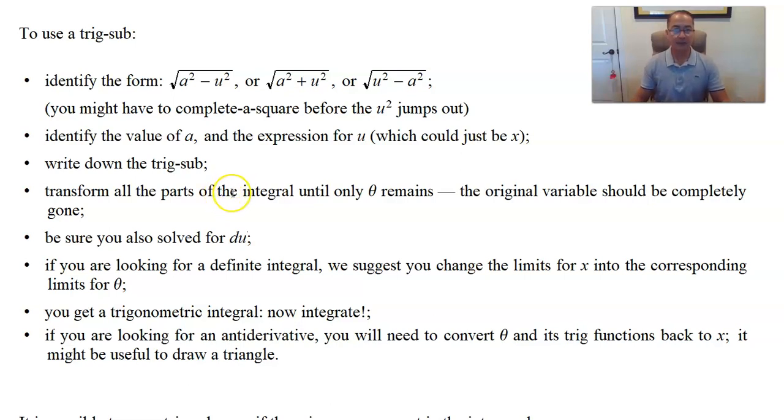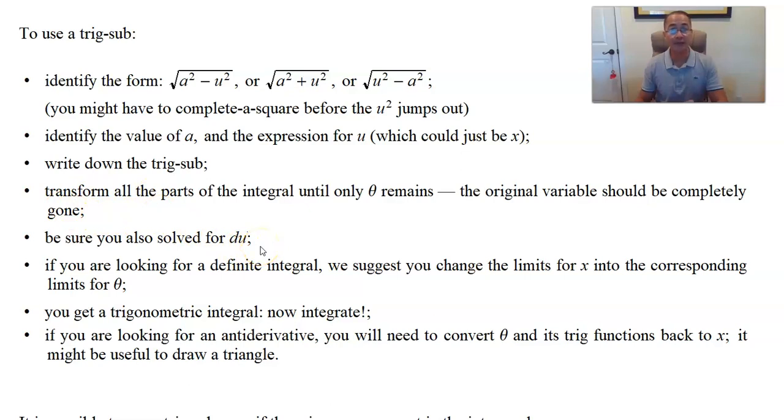Next, just like in a regular u substitution, you need to transform all the parts of the integral until all the x's are gone, the u's are gone, only theta remains. The original variable for the integration should be completely gone. Included in this transformation is, don't forget your du.